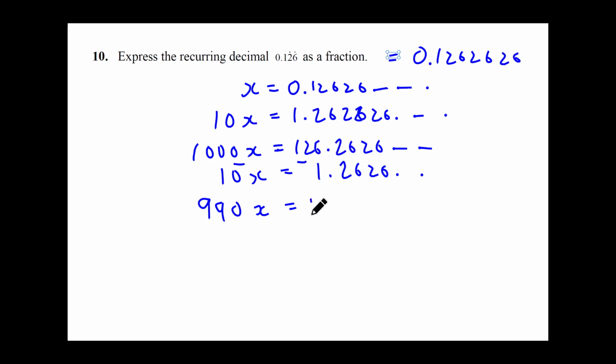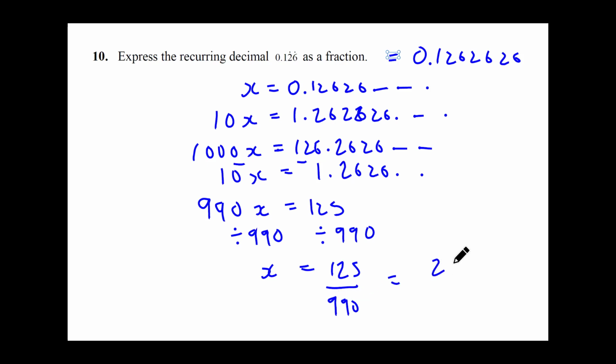Remember to take away the 1, so that's 125. We know to divide by 990, so x is going to equal 125 over 990, which equals 25 over 198.